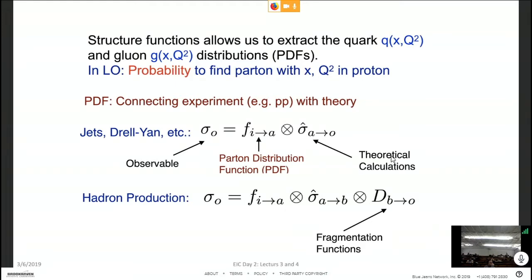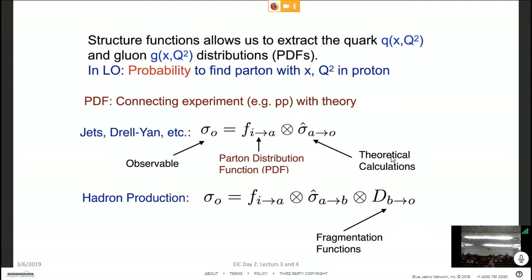So for jets and Drell-Yan, etc., kind of observations, the sigma 0, the observable, is the parton distribution function times the theoretical calculation of the cross-section that comes, fortunately, from perturbative QCD, etc. And you can do modifications of that as you go to more precise theory. The parton distribution functions you cannot yet calculate, although tomorrow I will mention some lattice QCD efforts which are starting to calculate them ab initio. But for now, we need to derive them from experiments. And how we do that, I will come back to a little later.